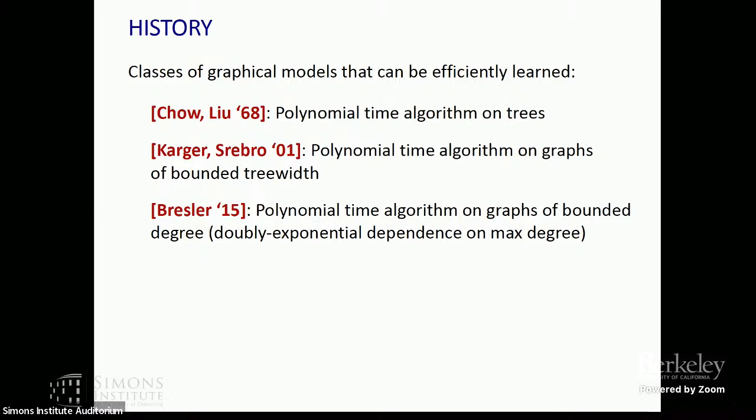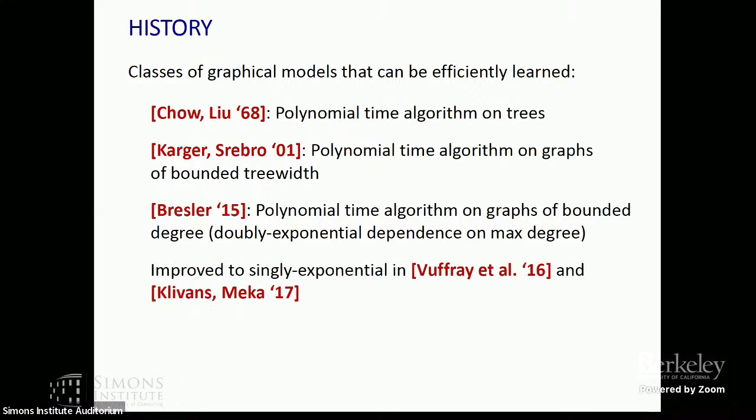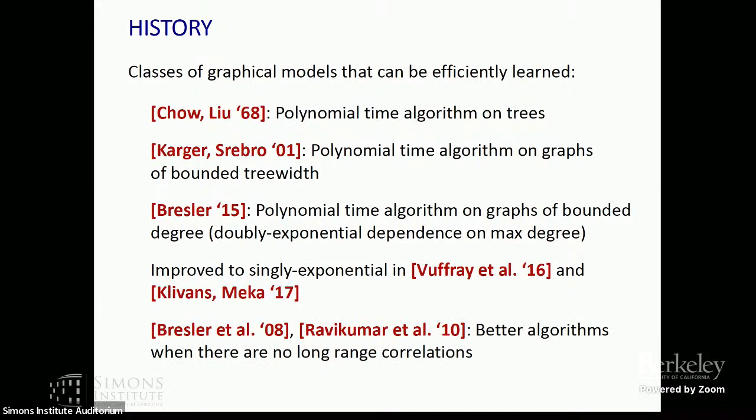So he was actually learning it in a regime where the sampling and inference problems were known to be computationally hard. And these were improved in a sequence of works with Vuffray et al. and Klivans and Meka, where they improved the dependence on the degree, where the f of d just became singly exponential in d, and this is optimal. And of course, there are other threads of work on algorithms for learning graphical models, where the name of the game is you make some sort of stronger assumptions.